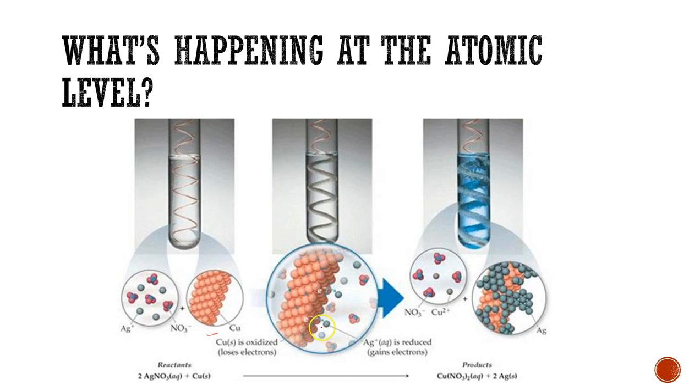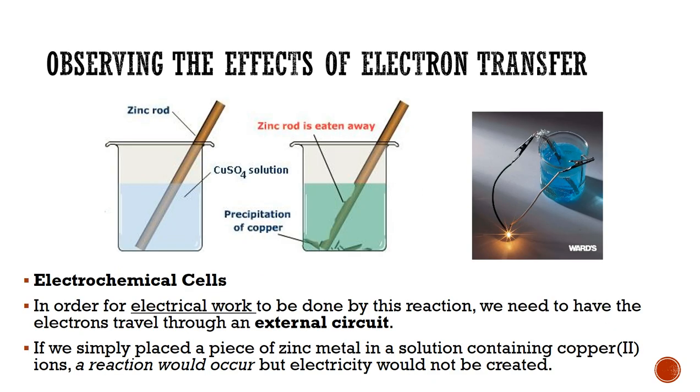As that occurs, silver becomes an uncharged solid metal, so it will precipitate out of solution. And the copper 2+ has lost 2 electrons, so it becomes charged, and copper is soluble in water. So this charged ion pulls off the surface and goes into solution, which we see by the blue color. This piece of copper degrades over time, is eroded away, and then we see the buildup of silver onto the copper wire.